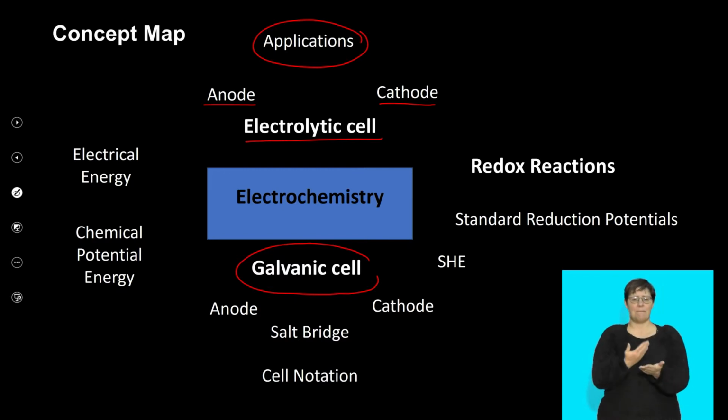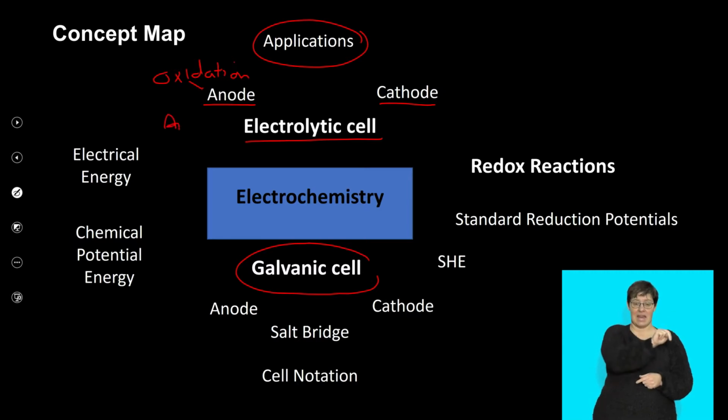But just to remind you, the way we tell the anode is that's where oxidation takes place. So we get oxidation at the anode, remember an-ox. And when we look for the cathode, we're looking for the cat, and we're saying it's the red cat.